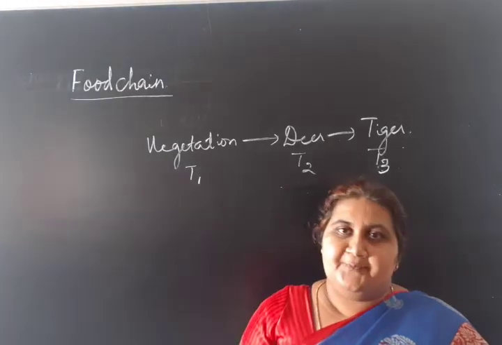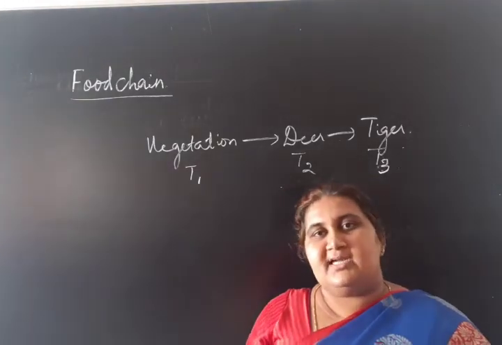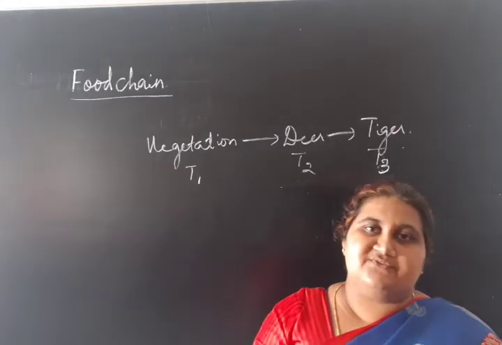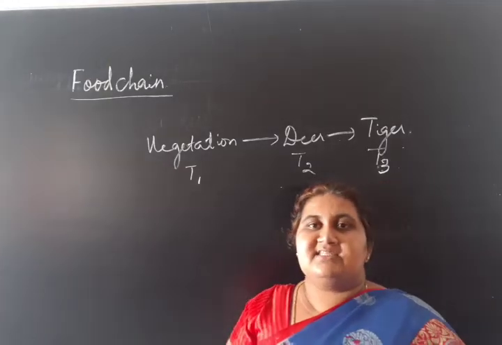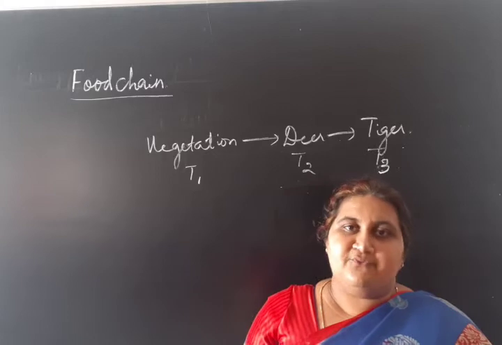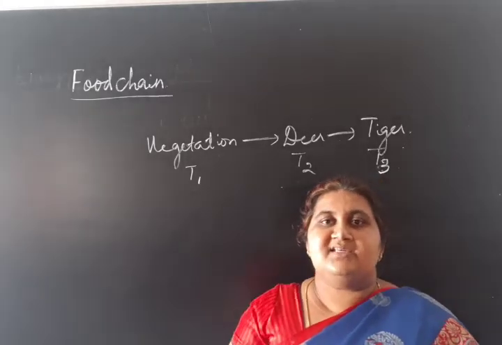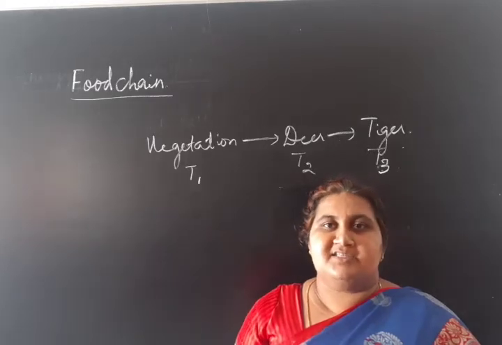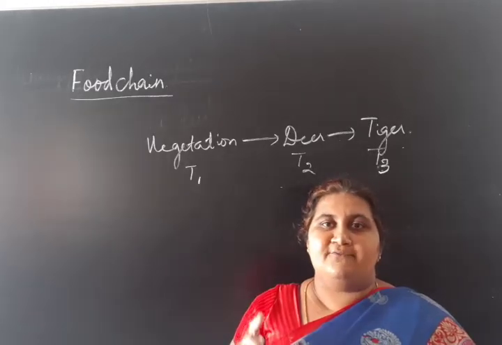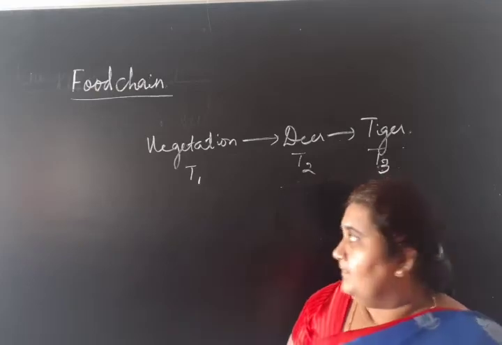Similarly, sparrow feeds on nuts and grains as well as on insects. There are several organisms which are found at more than one trophic level. So these are the several characteristic features of a food chain.